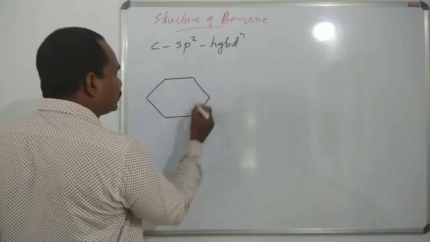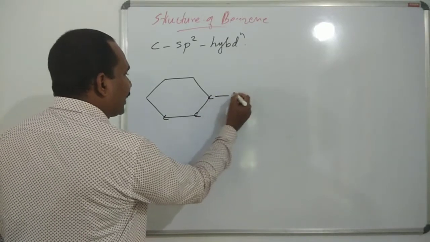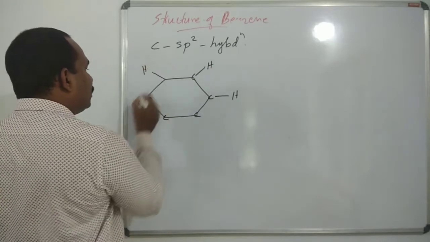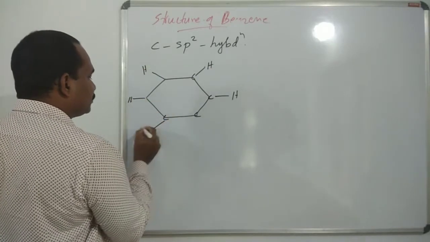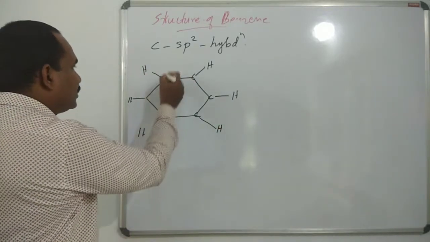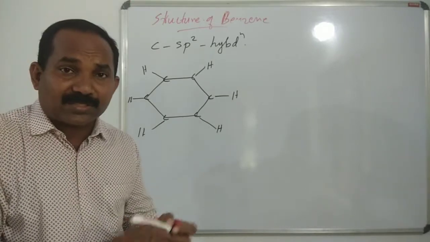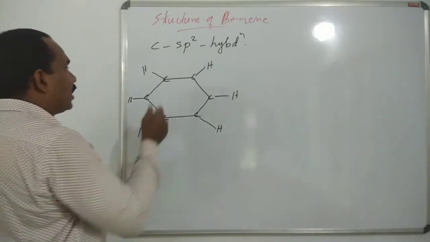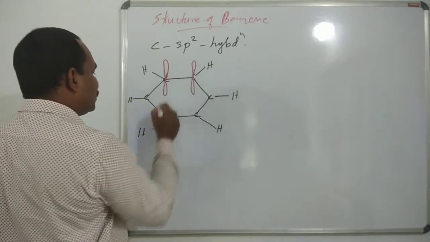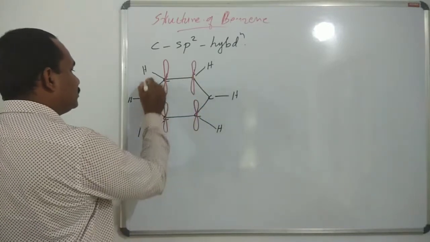All the carbon atoms contain one hydrogen, and each is sp2 hybridized, with one unhybridized p orbital.